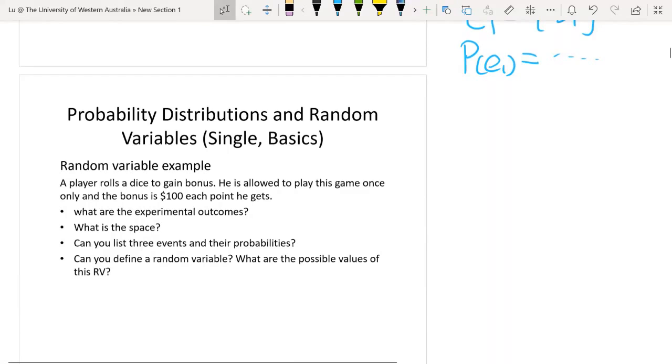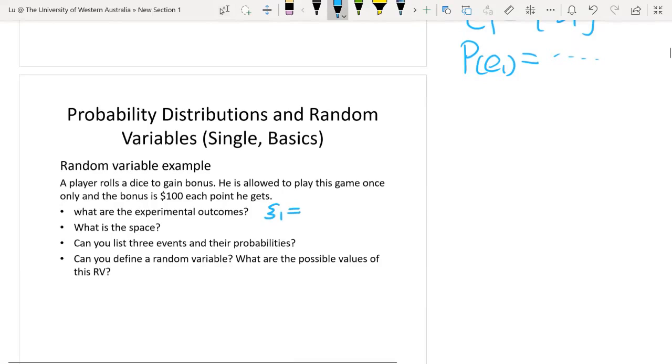If we assume the dice is a regular dice, a fair dice, which has 6 faces on it, the total number of the possible outcomes for this game will be 6. And the outcomes will be, I just write them on the slides.